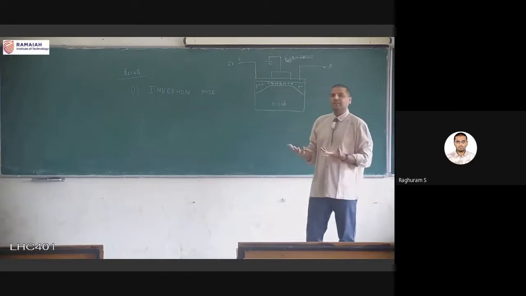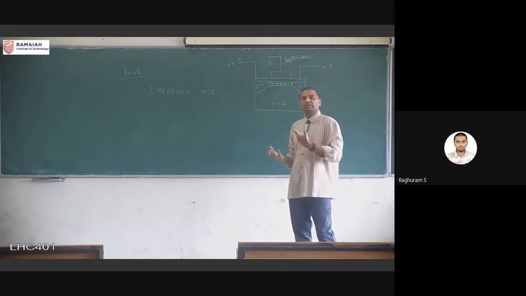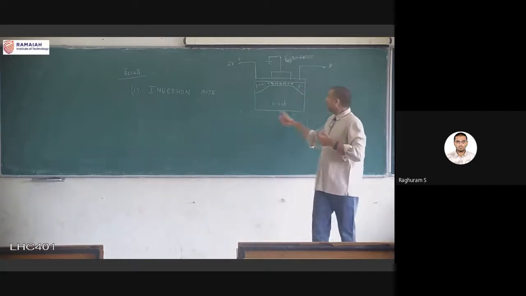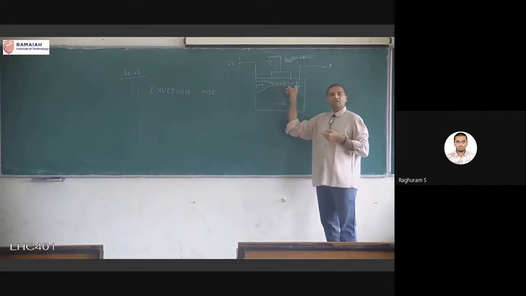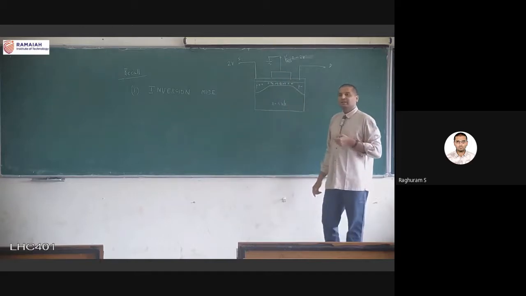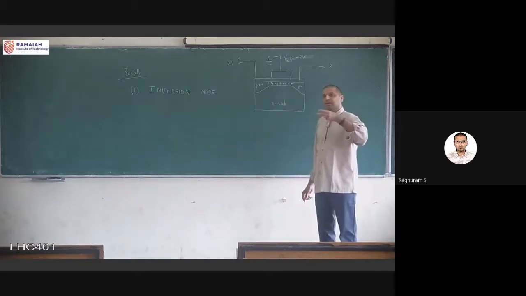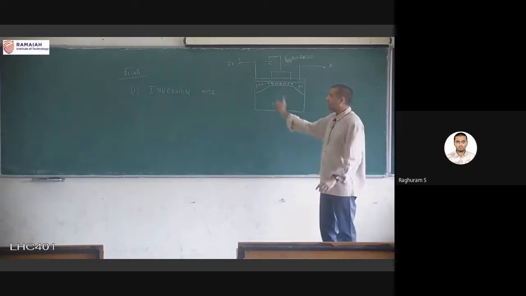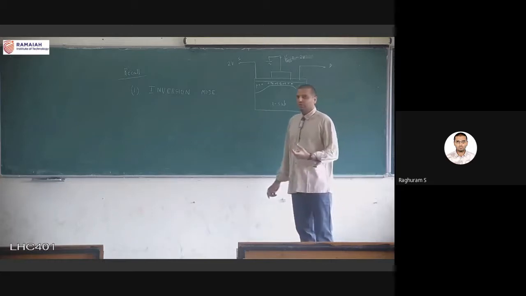Inverting means making upside down. Here we are inverting the n-type substrate to a p-type region in the channel region. Similarly, when we were discussing NMOS, we were inverting the p-type substrate into an n-type region in the channel region. So this inversion mode of operation is very important.